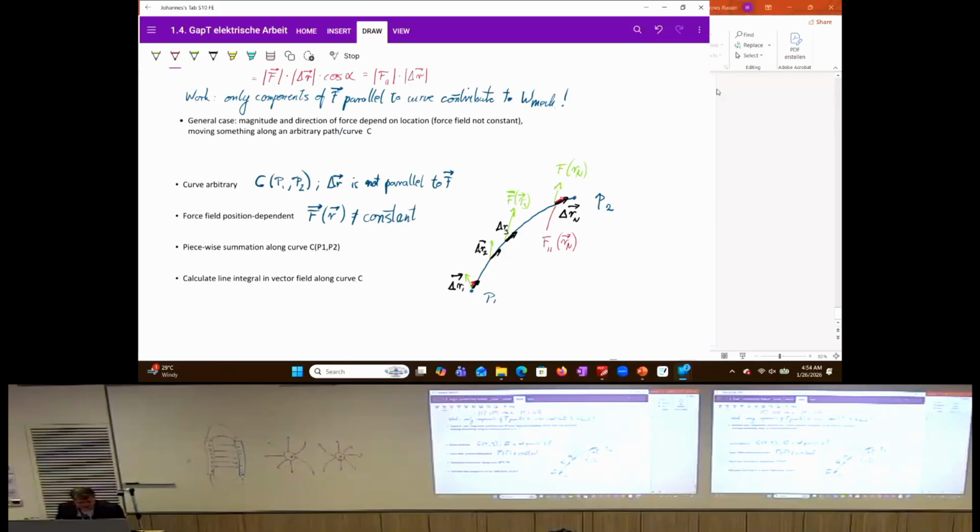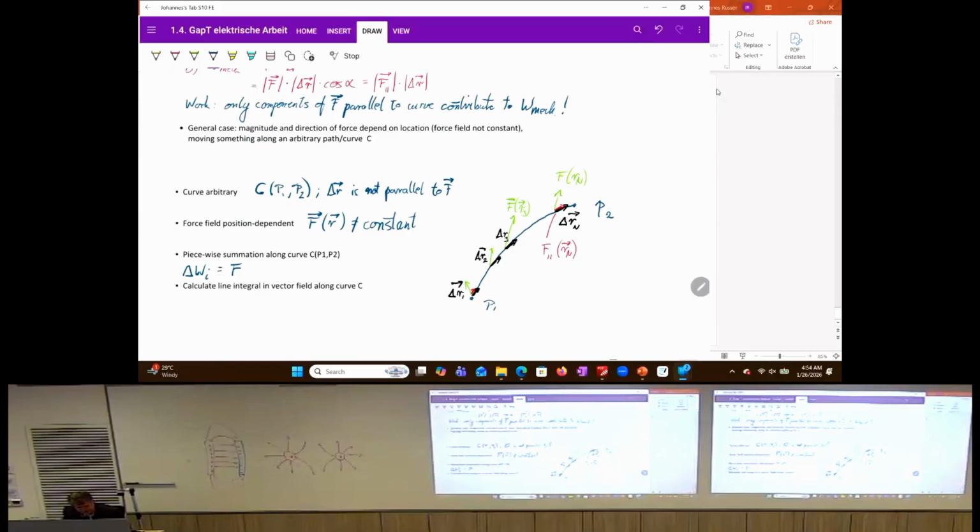So basically you do this piecewise summation along that curve C, and for each small segment you also get a small delta contribution to the work that you're putting in here.